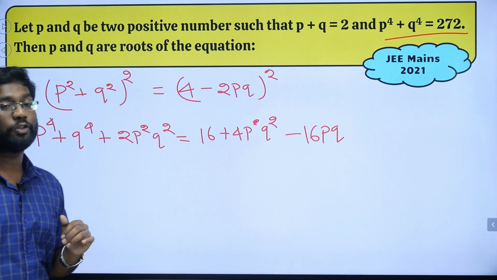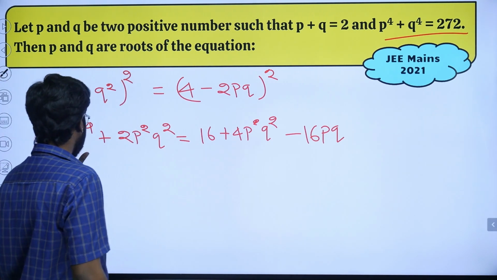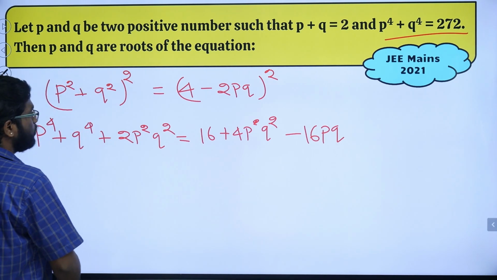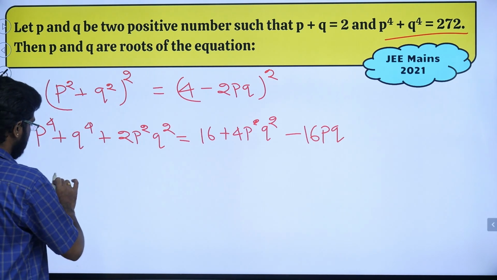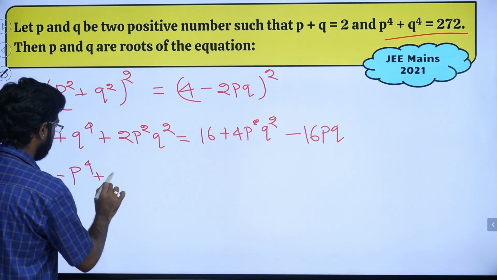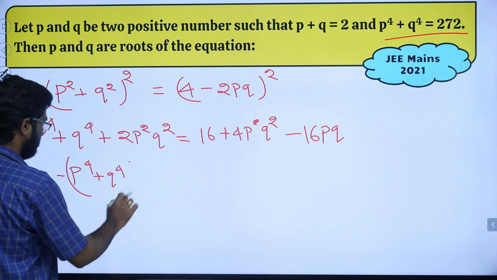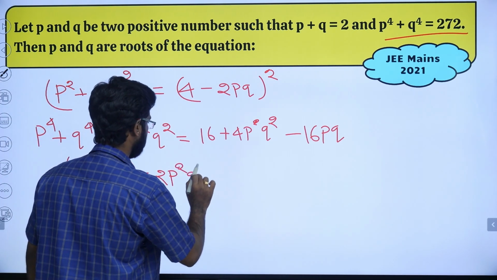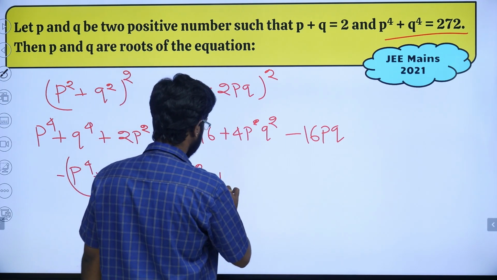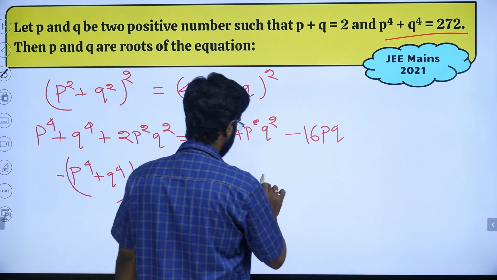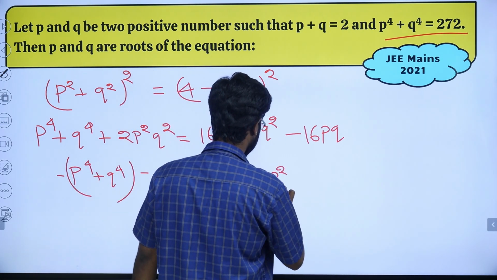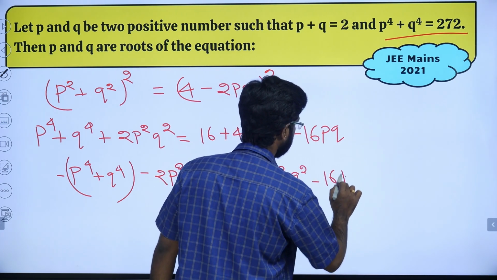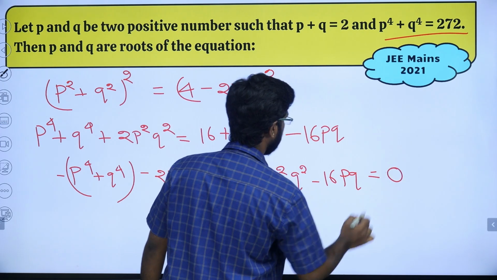Now what we are going to do, right? I am going to bring this LHS to the RHS side. So what I'll get? Minus of P power 4 plus Q power 4 minus 2P square Q square plus 16 plus 4P square Q square minus 16PQ, which is going to be equal to 0.